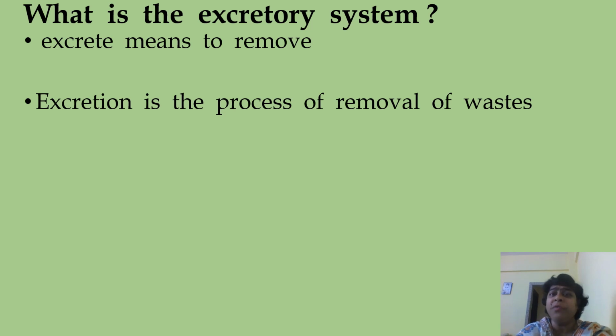Now what kind of waste gets accumulated in our body? We eat food, we drink water. There are some parts in the food or in the water that do not get digested. Now how does the digestion happen?